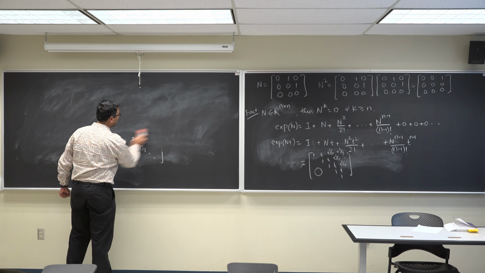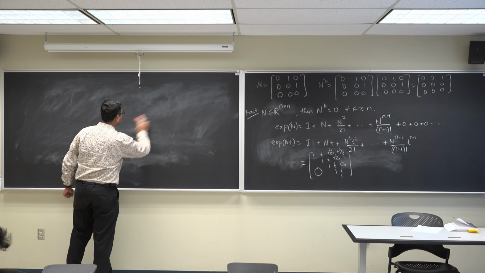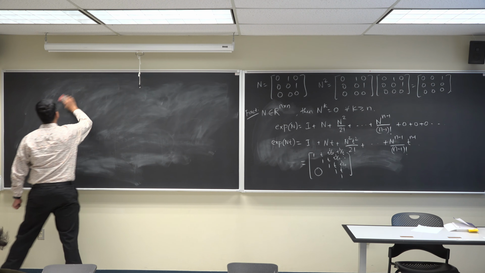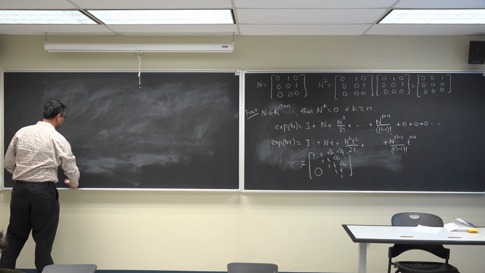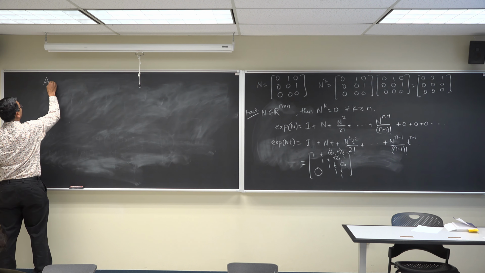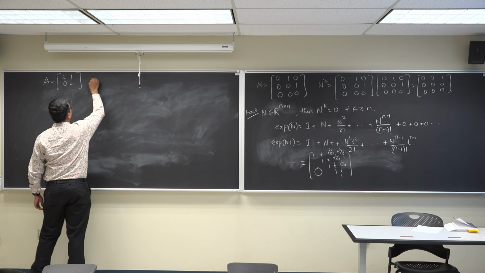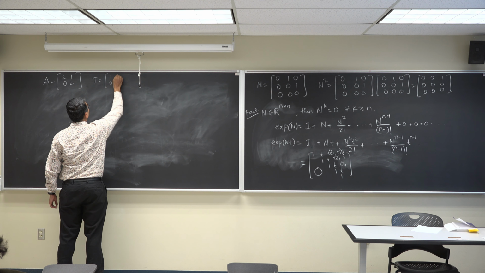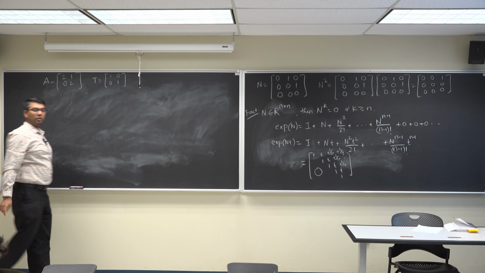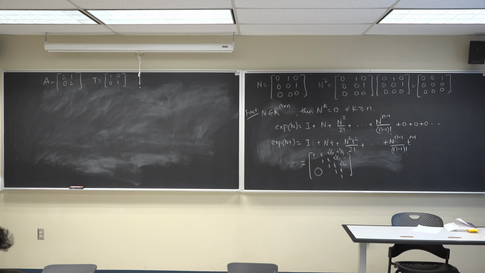I want to do an example, continuing our expression for the matrix that we were talking about in the previous class. My matrix A equals 2, 1, 0, 2. My T actually turns out to be the identity matrix, because remember the generalized eigenvectors for this were 1, 0 and 0, 1.